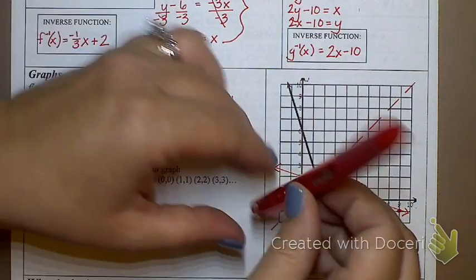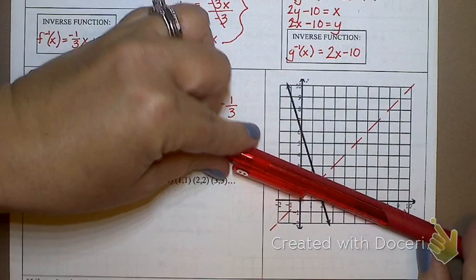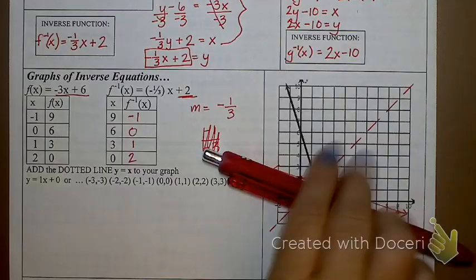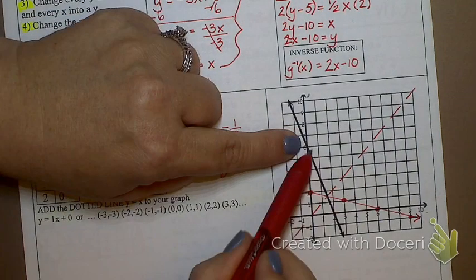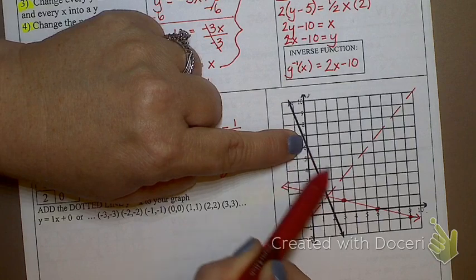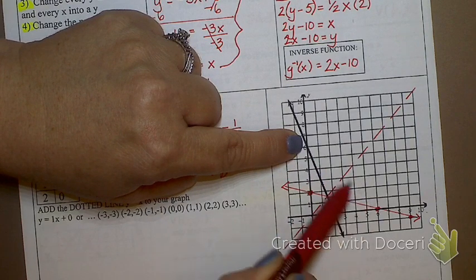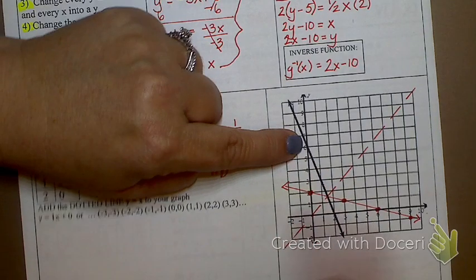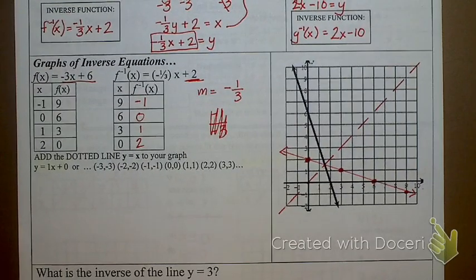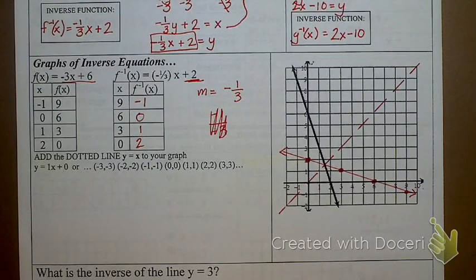If I flip it over, it does go that way, doesn't it? So in other words, the point here, if I were to look at how far that is from the line, it's about the same distance on the other side for that other point. So I do have a reflection even when I have the whole line and not just a handful of points. Questions about that?